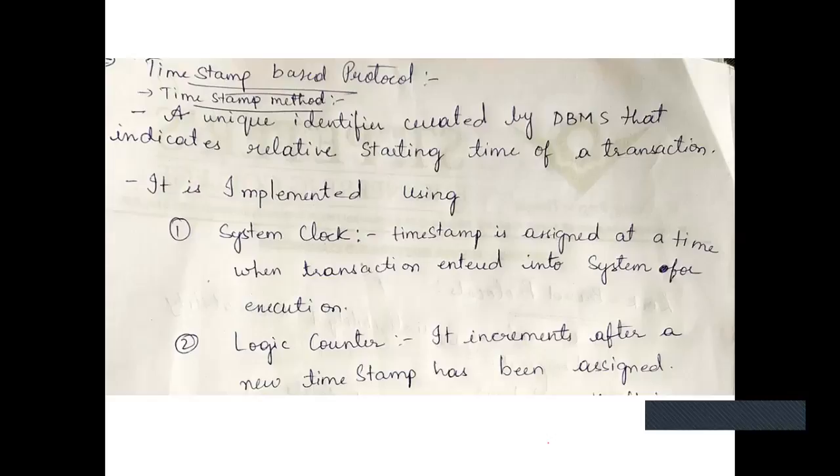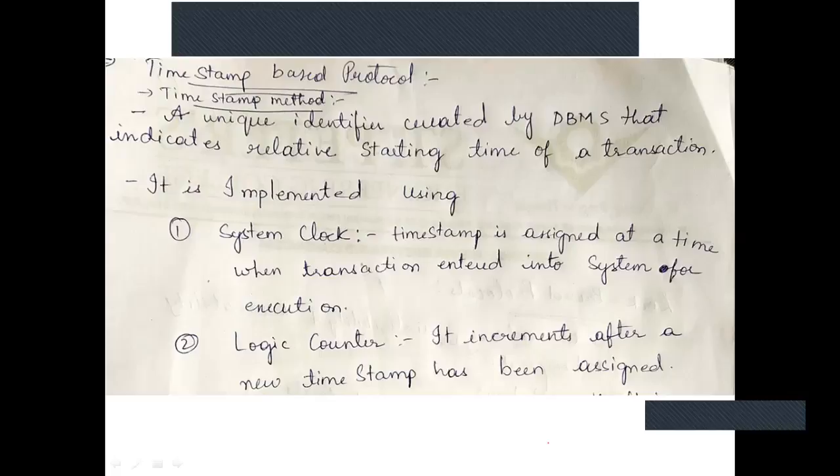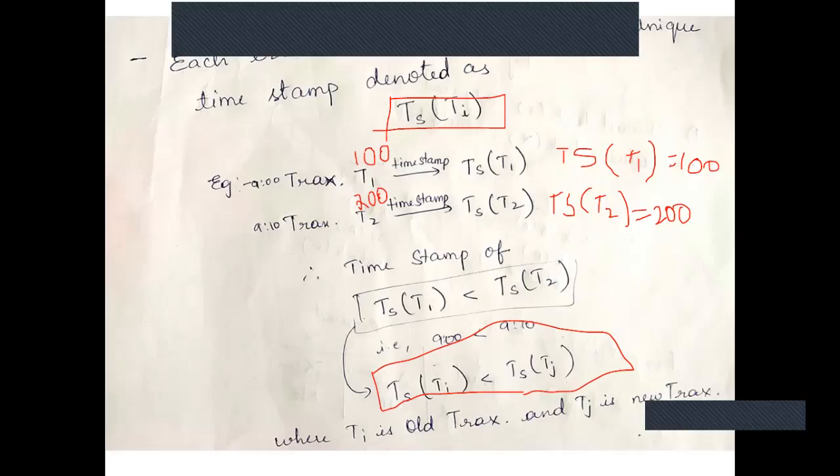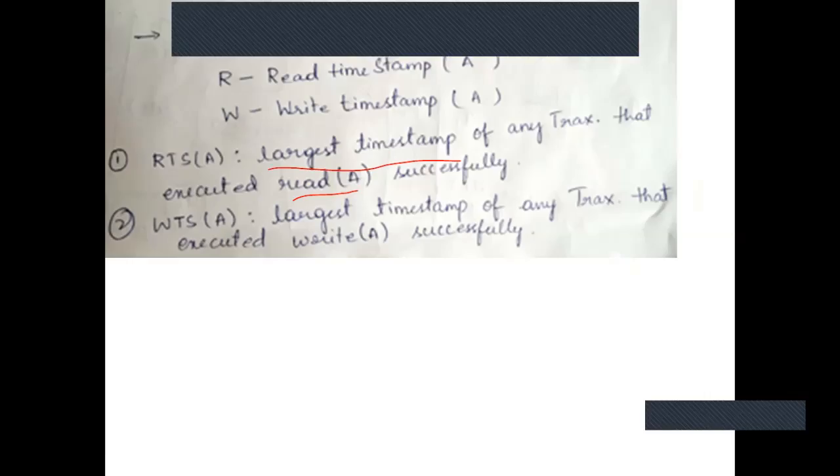Instead of time, you can also use a logical counter which keeps on incrementing. After that, we have seen how to denote a timestamp for a particular transaction, that's TS of TI. And we have also seen that the timestamp of the older transaction is less than the timestamp of the younger transaction. And we have seen two timestamp values, that is read of A and write of A.